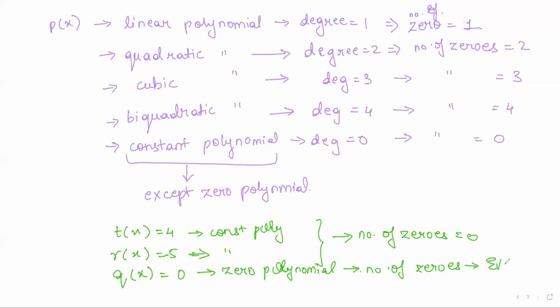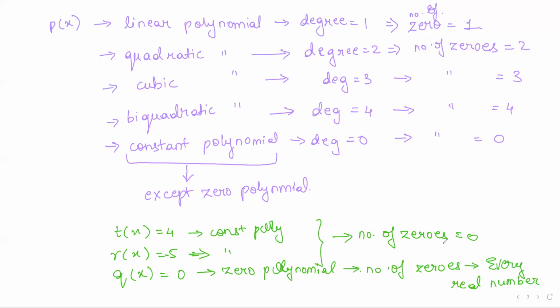I'll write it once again. Every real number. Zeros are also called roots. So instead of saying zeros of a polynomial, you can also write roots of a polynomial. So a linear polynomial has one root, a quadratic polynomial has two roots, and so on.